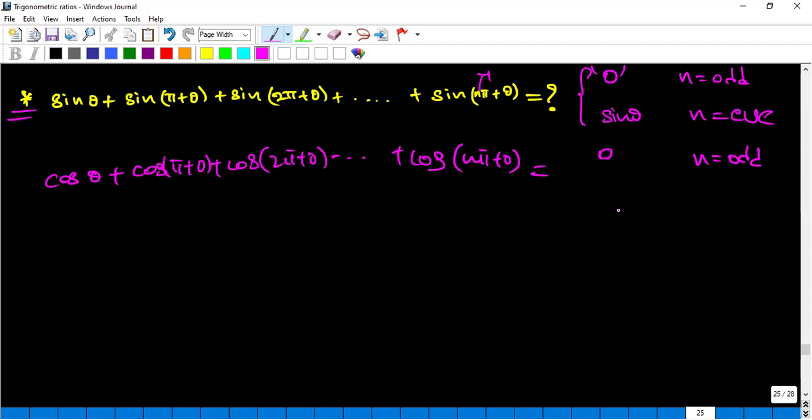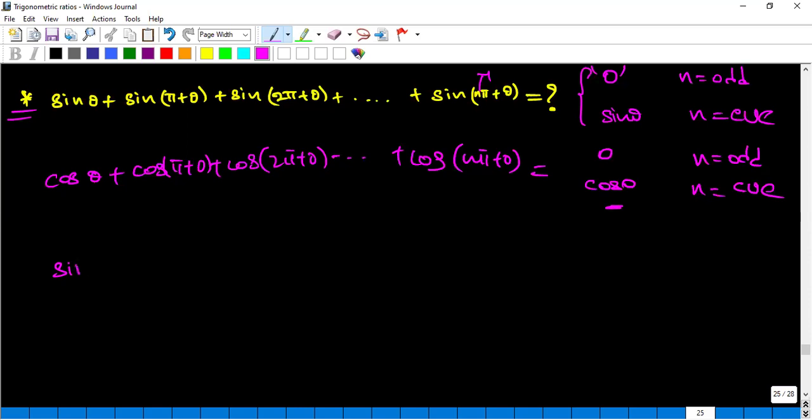The result is 0 only. For n even value, the result is cos theta only. Okay, these questions we have seen already.